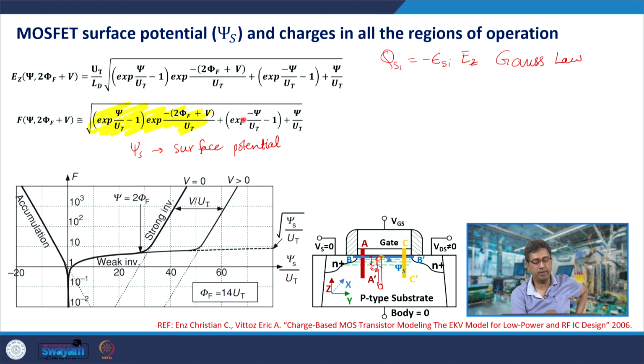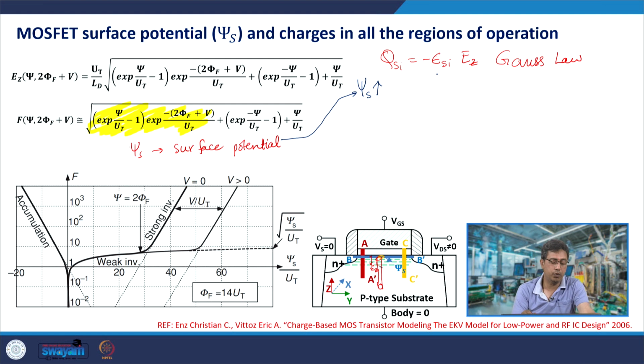As you keep on increasing the surface potential, this term becomes negligible, because the value of chi s is quite large compared to the thermal voltage, which is 26 millivolts. If you increase chi s, the first term increases, and we can see when it becomes comparable to the depletion charge.